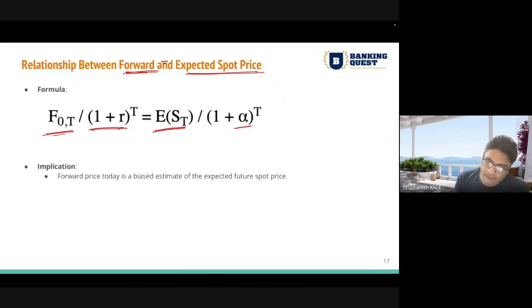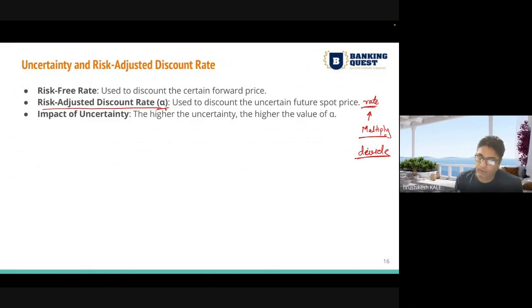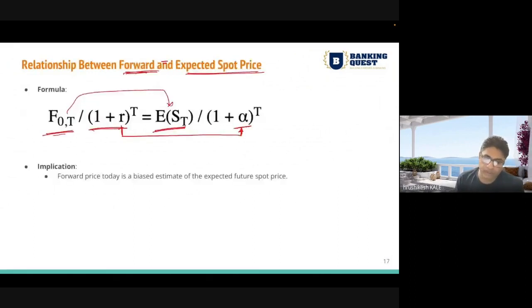So when I say forward price should be equal to expected spot price, that means your risk-free rate should be equal to the risk adjusted discount rate. Please remember, forward price is discounted by the rate, which is the interest rate, and expected spot price should be discounted by the risk adjusted discount.